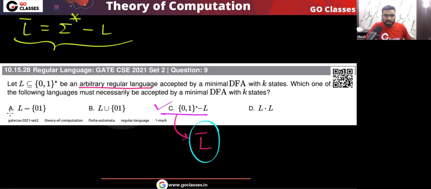Now let's see the counter example for option A. Can you give me a regular language L such that the number of states in the minimal DFA for L and for option A will be different? Can you suggest any language L? Let me give you the counter example.